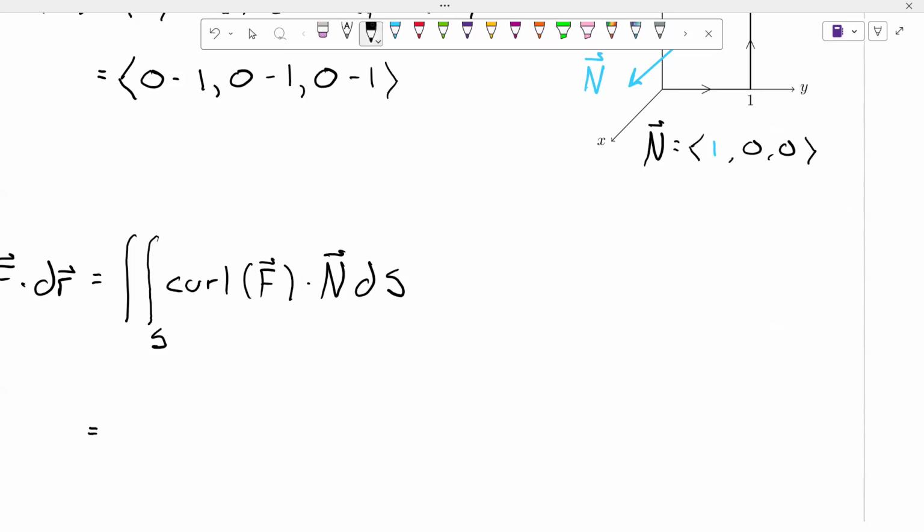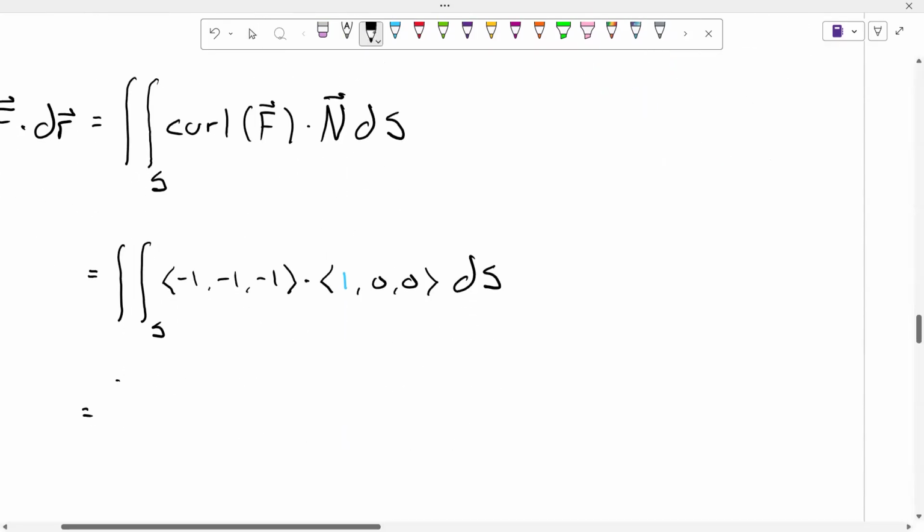So we have the double integral of the curl of f, which is -1, -1, -1, dotted with our unit normal vector 1, 0, 0, ds integrating over the surface S.